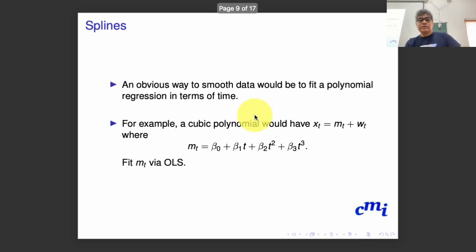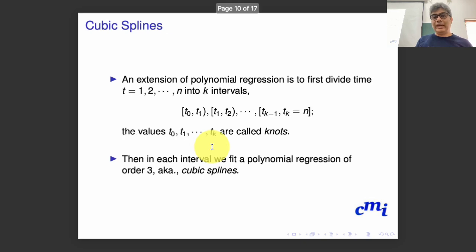All right, so what does a spline do? If you take again xt equal to mt plus wt, suppose mt is a quadratic curve in t, and you fit mt via OLS.